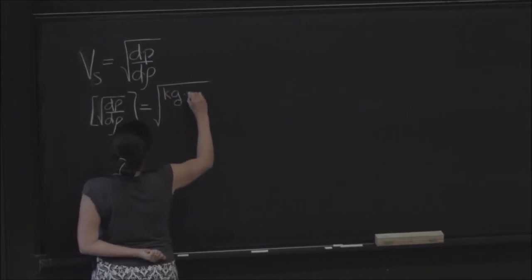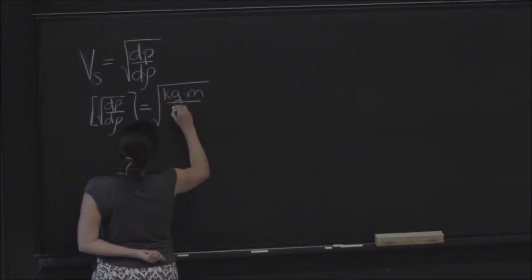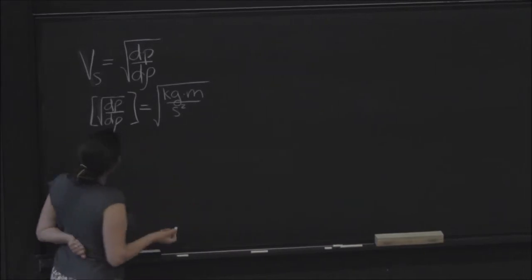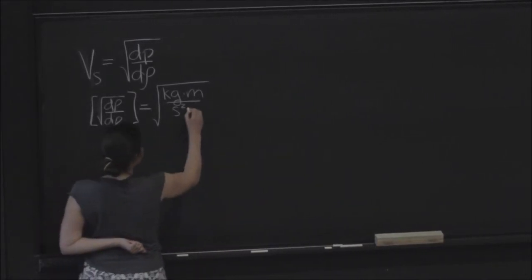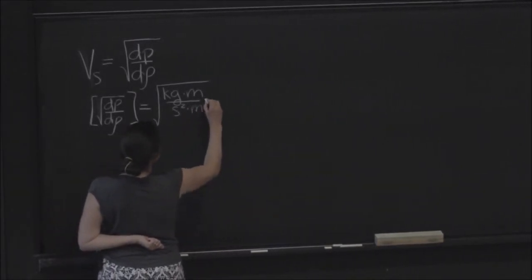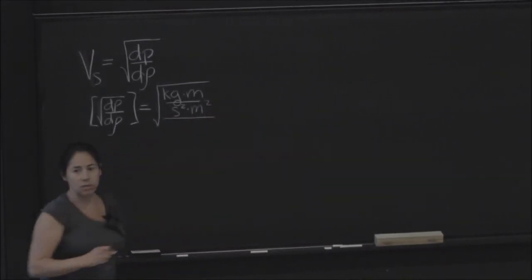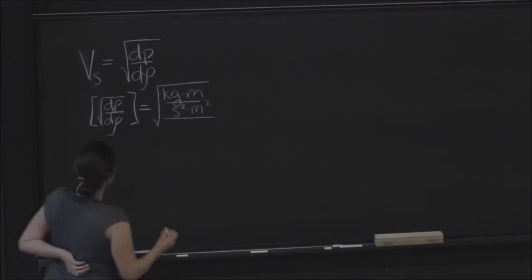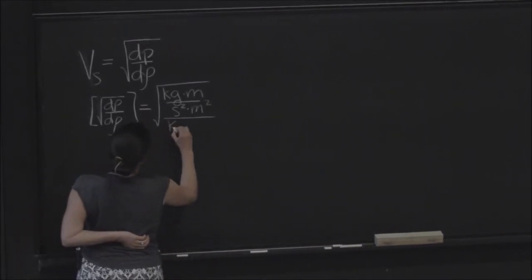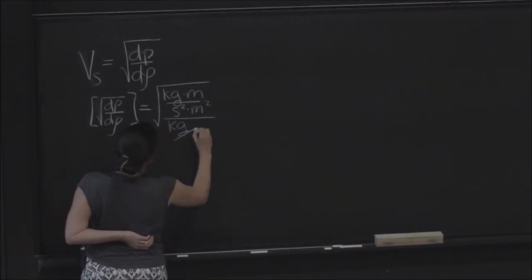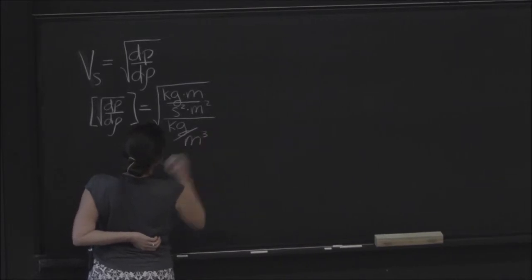Force is kilograms meters per second squared, but it's force per area, so we're going to have over another meters squared, over density, which is mass per volume, so kilograms over meters cubed.